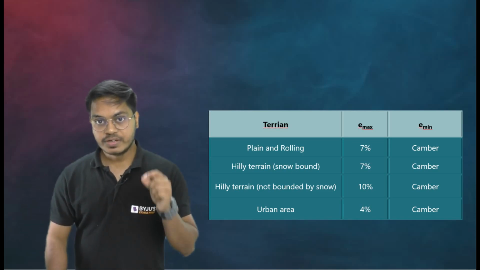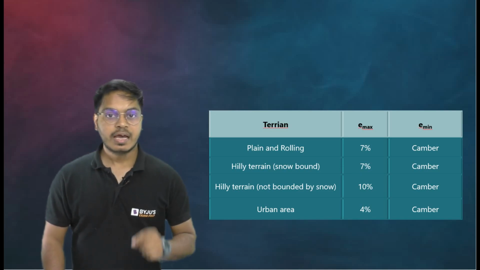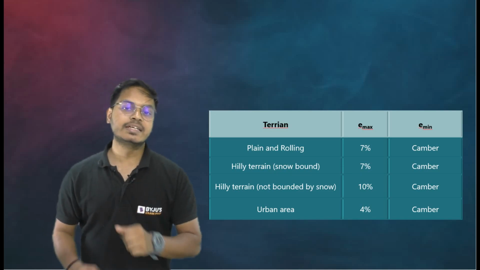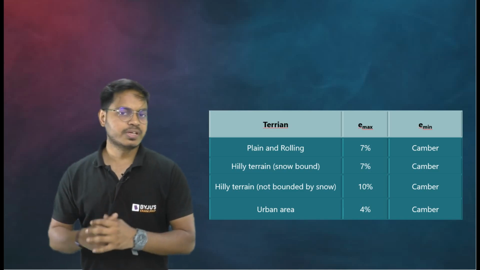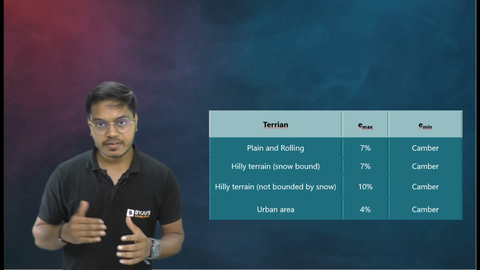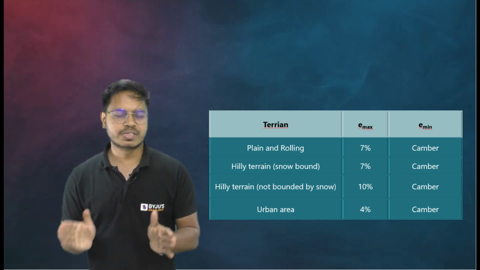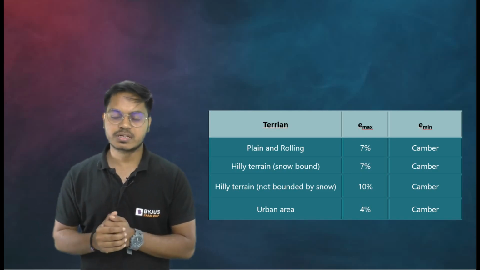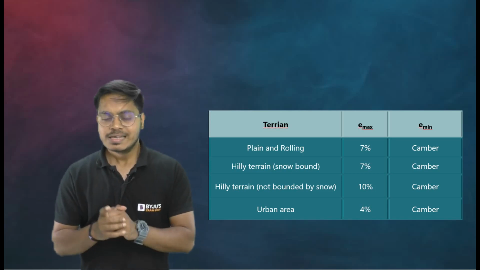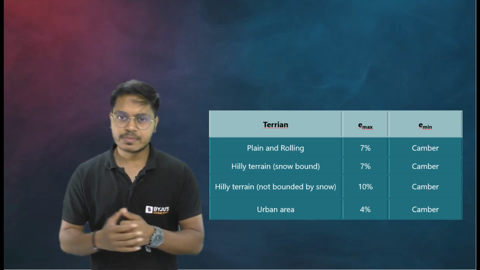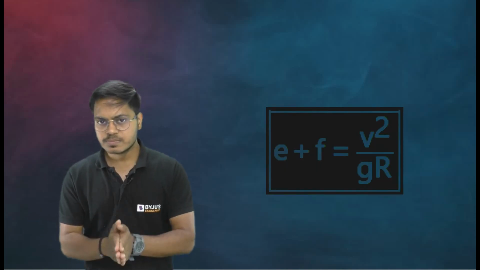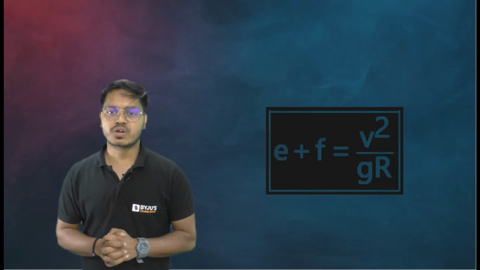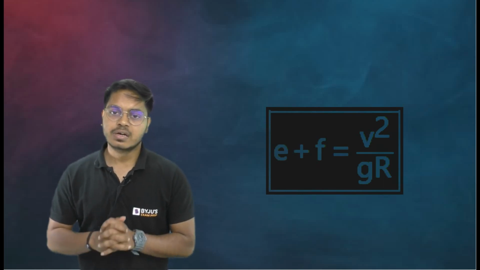Even if we take the highest value and put it in the denominator of our formula, which is 1 − ef, where e you can take as 0.1 and f as 0.15, you will notice that it comes close to 1 only. And that is the reason why we sometimes don't consider 1 − ef, and the formula remains simple: e + f = V² / 127R.